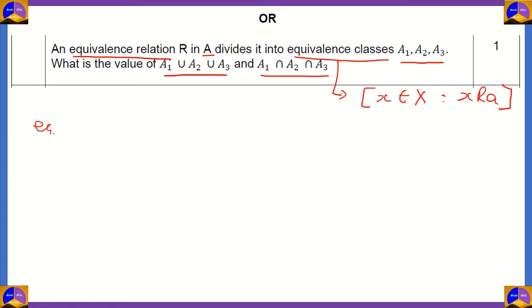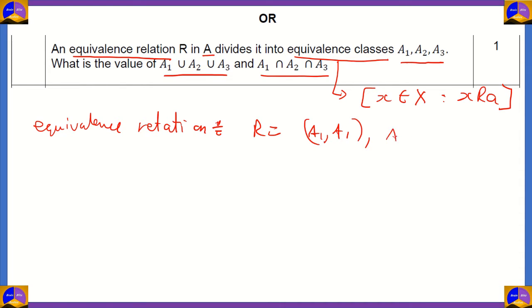So therefore, the equivalence relation that we get will be R equals (A1, A1), (A2, A2), (A3, A3). That is how you can represent the relation when you have the equivalence classes. So how do we find out the value of the union and intersection?